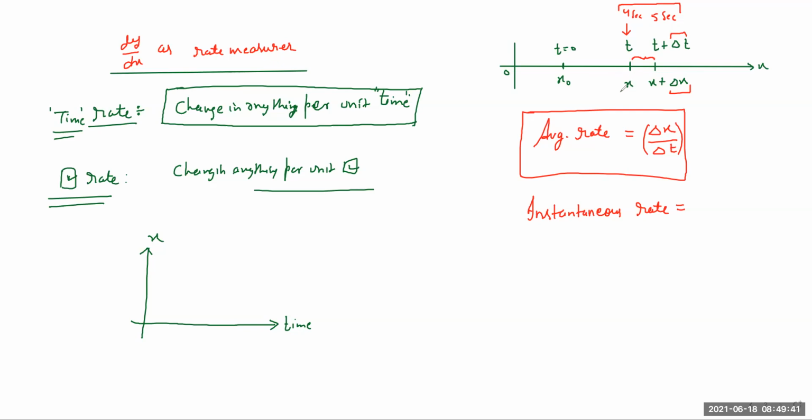You may ask why. Now at t, it's meaningless. I don't know how much you have traveled, and I don't know how much time has been taken, because we only know that rate is defined as the change upon time. Unless I see some change, how can I divide by time?